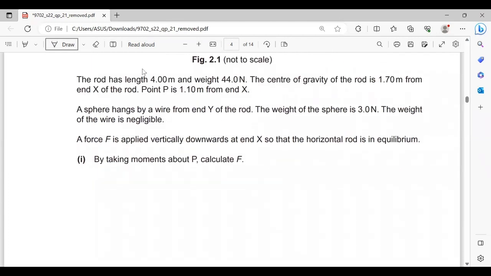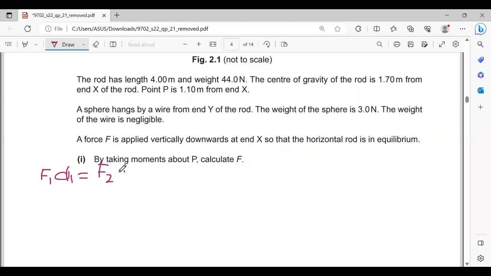So for F1, we're going to use this formula: F1 times D1 equals F2 times D2 plus F3 times D3.